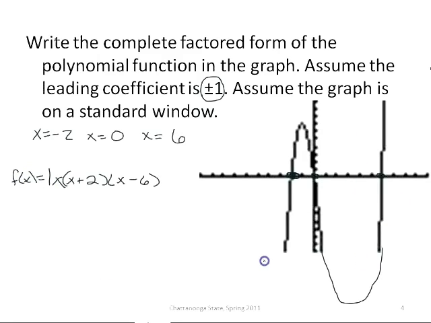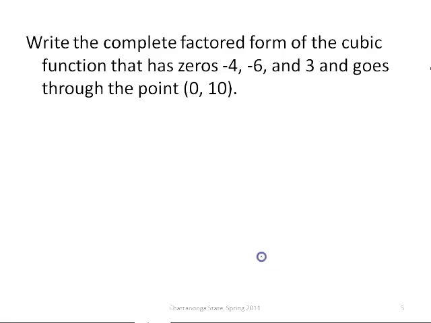Now this time I don't know the value of a. I know my zeros are -4, -6, and 3. So that means my factors are going to be x plus 4 times x plus 6 times x minus 3.